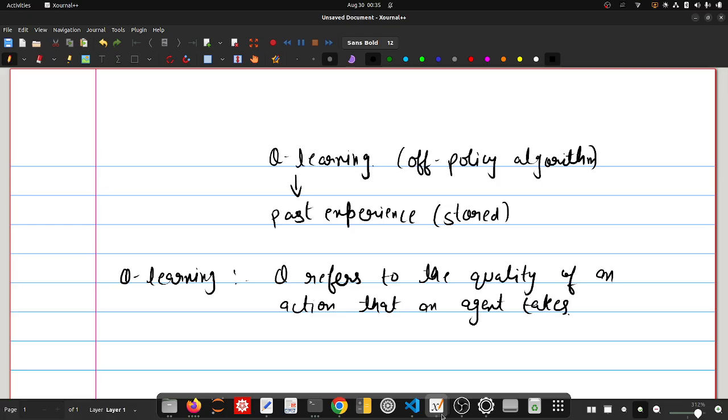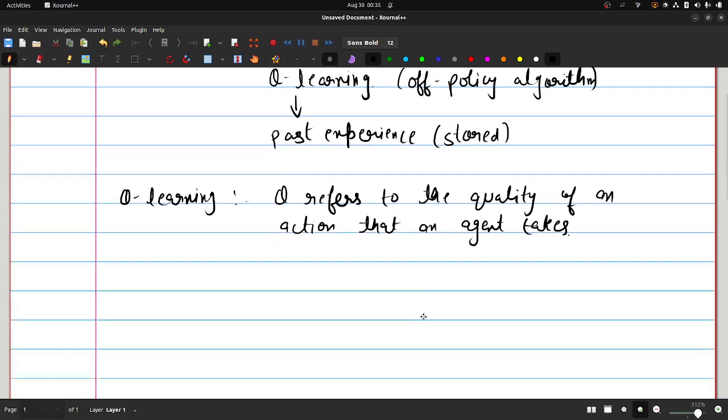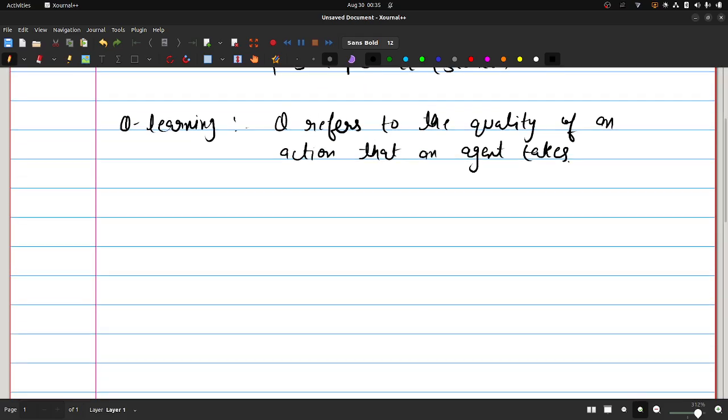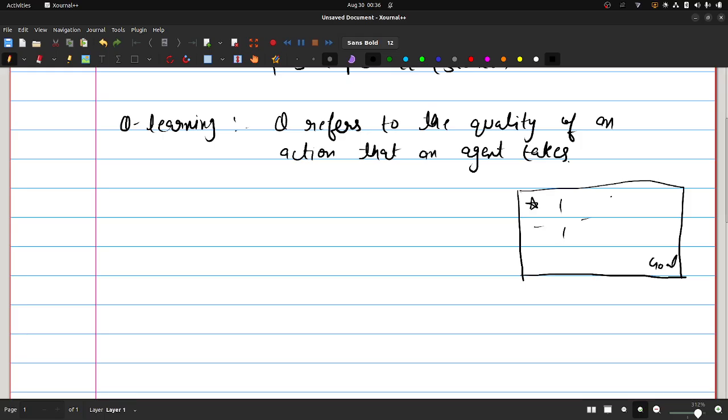In the previous video we discussed a grid, where the agent is present here and wants to go to this goal, but there are lots of barriers. So the agent needs to decide which path to take, which is the optimal path so that it can easily reach its goal.